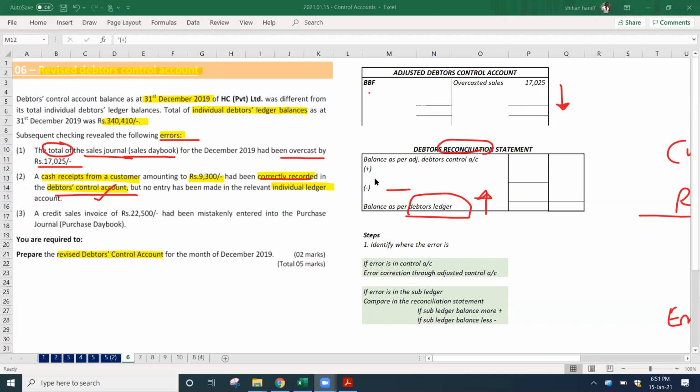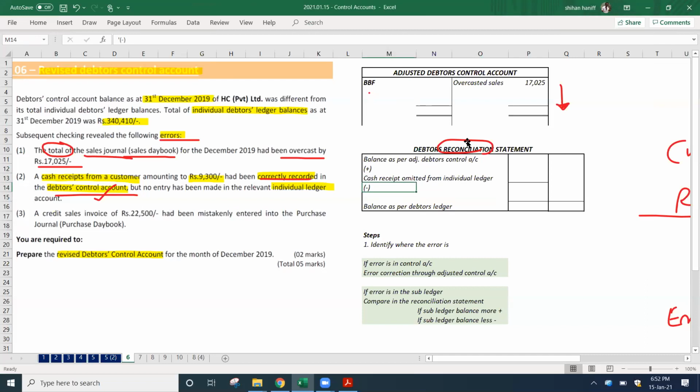Right. So it is a plus. Omitted. See, say cash received omitted from individual ledger.